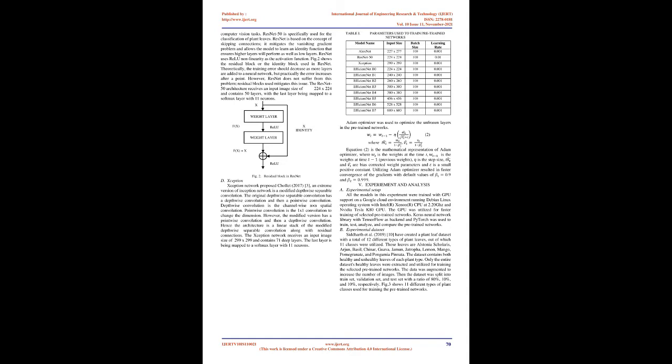Since AlexNet consists of 60 million parameters, overfitting is resolved through data augmentation and introducing dropout layers. The AlexNet architecture receives an input image size of 227 x 227. The final softmax layer consists of 11 neurons. Each value from these neurons represents the ratio of the input image to the corresponding image class.